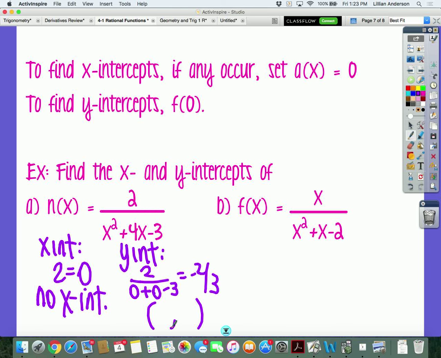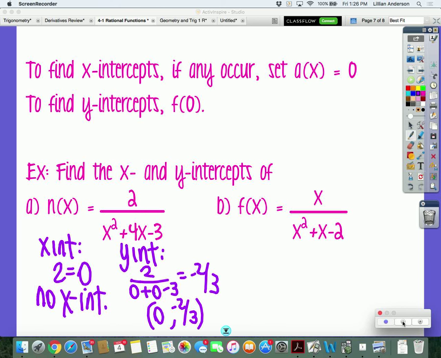What point is that? 0, -2/3. All x-intercepts and y-intercepts are written as points, and it probably would be in your best interest to write them as points, because when you get to graphing, you're going to need to plot these things. So I want you guys to do B. Find my x and y intercepts. When you get done, compare with your neighbor, and then we'll look at it as a group.